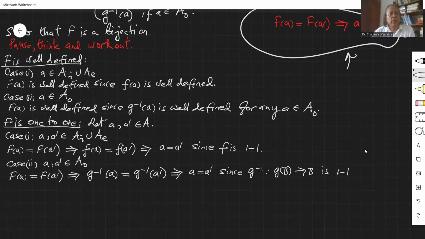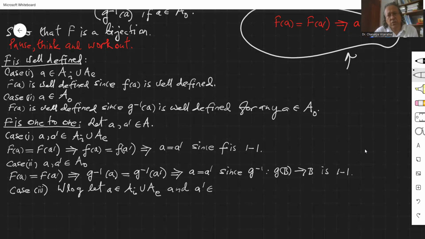But we can say without loss of generality, case 3: let A belong to AI union AE and A prime belong to AO. So then we have reduced one case.